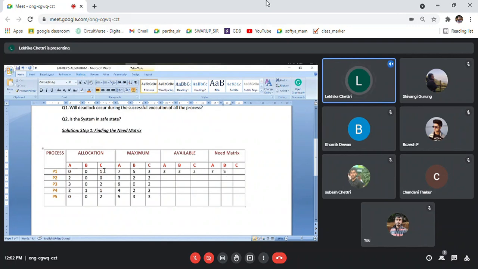Now P1 has 1 copy of C and needs 3 copies of C. 3 में से 1 it has already been allocated, so 3 minus 1 is 2. So it needs 2 copies of C to complete its task. This is how we calculate the need matrix. Is it clear? देख लो अच्छे से.